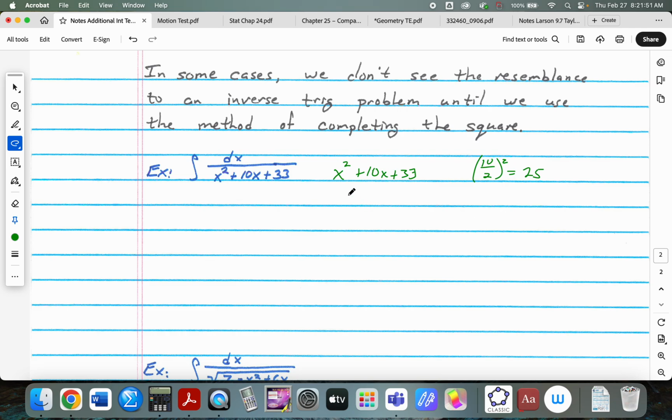You're like, wait a minute, why would you add and subtract it? Well, what I'm going to do is do x squared plus 10x plus 25 plus 33 minus 25. This is now equivalent to the original.